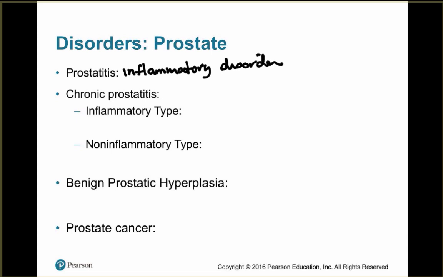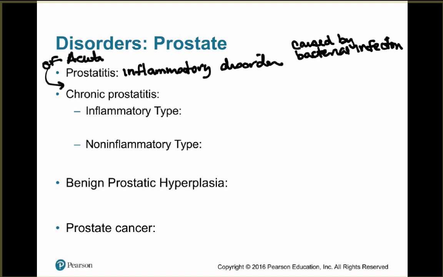It can be caused by bacterial infections, and so you can have acute prostatitis or chronic prostatitis with this, right? They put acute or chronic. And a lot of times what they do is they treat this with antibiotics.